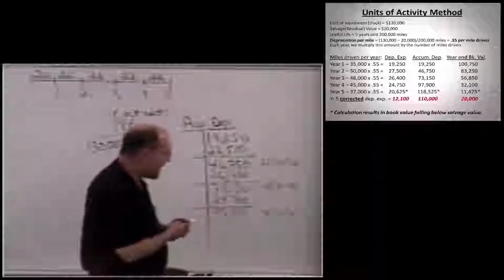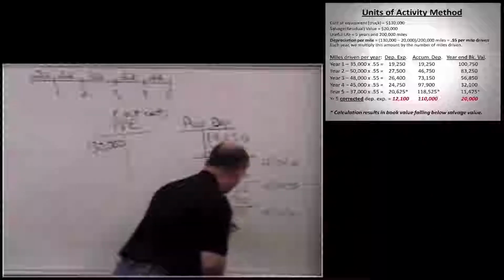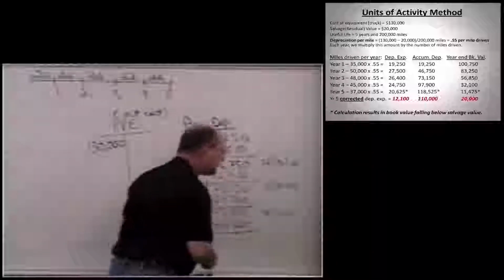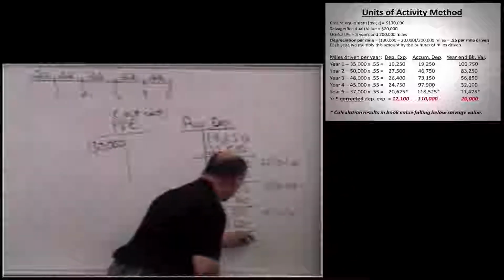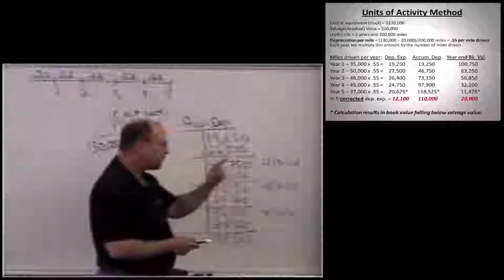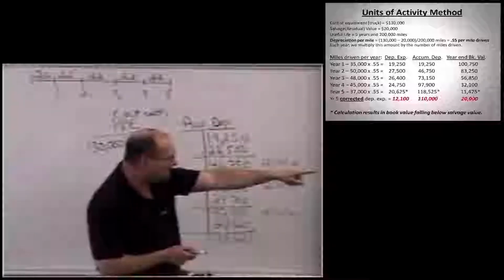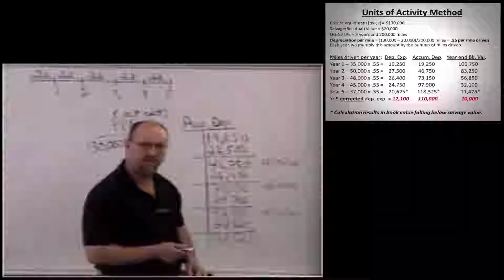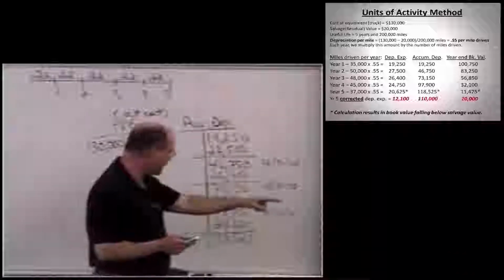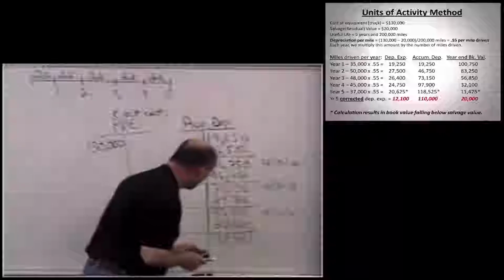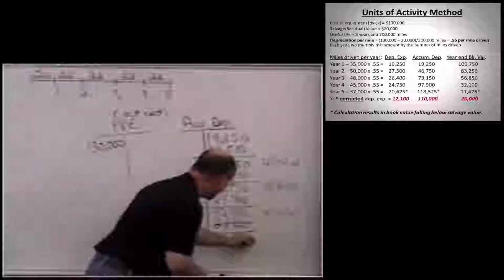If I add that to my accumulated, that's going to give me a balance of 118,525. When I subtract 118,525 from cost, my book value would be 11,475, which is below salvage value. I can't do that, so I can't use this calculation. I'm going to cross this out.